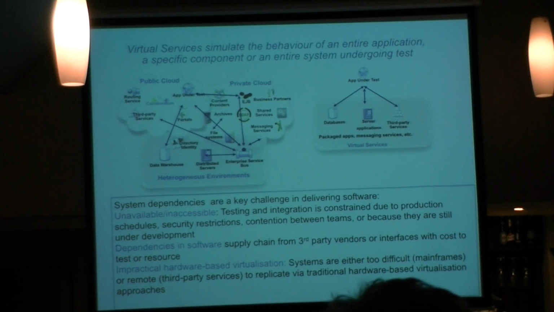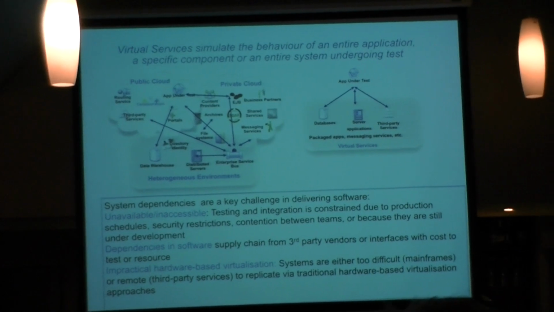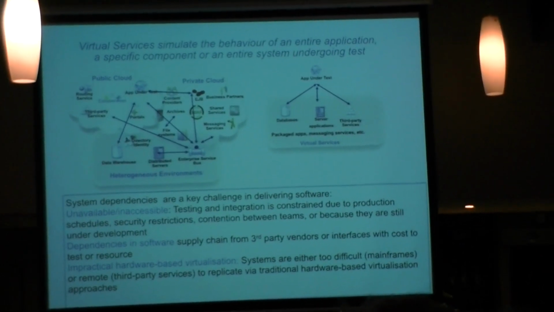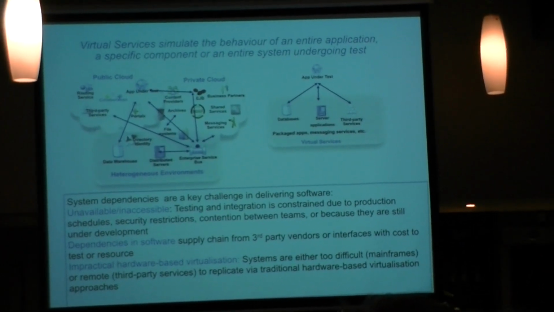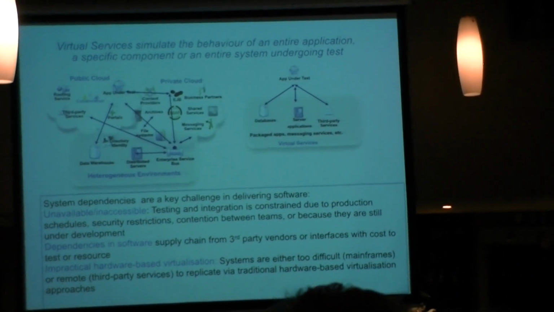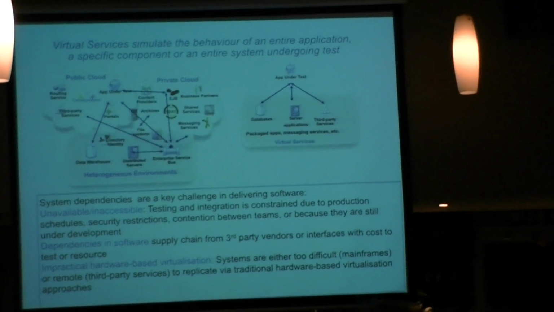So we might simulate a database that you need to integrate with, or a third-party service, or application that you integrate with. For example, with a big system like SAP, most companies will not have one for development. So you normally wait to do your end-to-end testing of the SAP environment to the very end, in a system or production level.